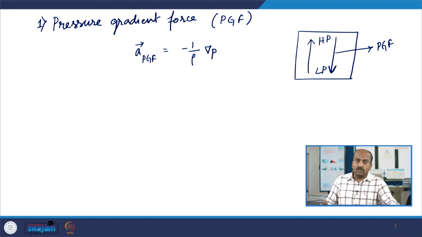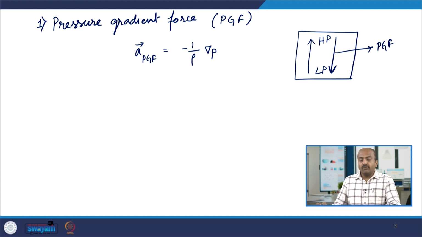But the force is actually acting in the opposite direction. So, this minus symbolizes the opposite directions of the gradient and the actual force. So, one important aspect is the pressure gradient force won't really depend on the pressure, rather it would depend on the gradient of the pressure. The second important aspect is the force will always be opposite to the gradient, right.